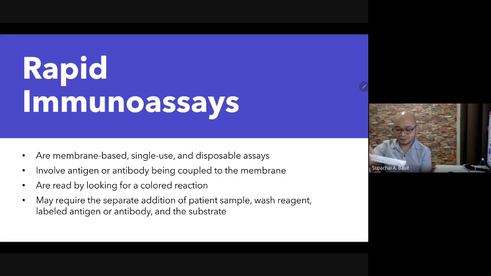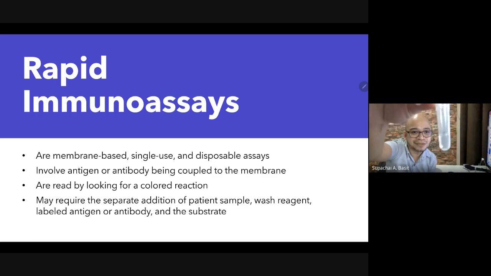the kit. The kit has a swab, which is used to collect the patient's antigen. And then this is the cassette. And this is the buffer solution, which will serve as the wash reagent.